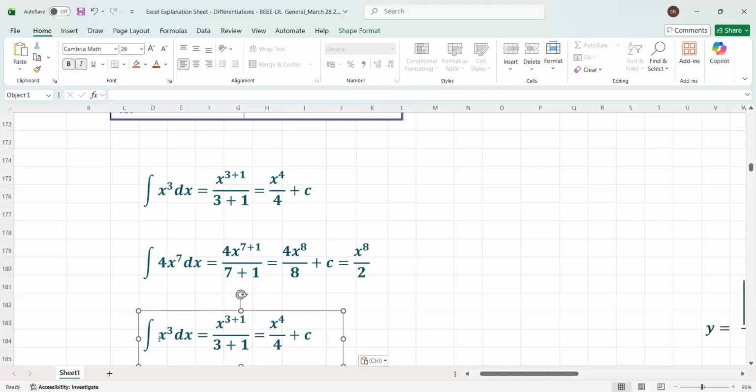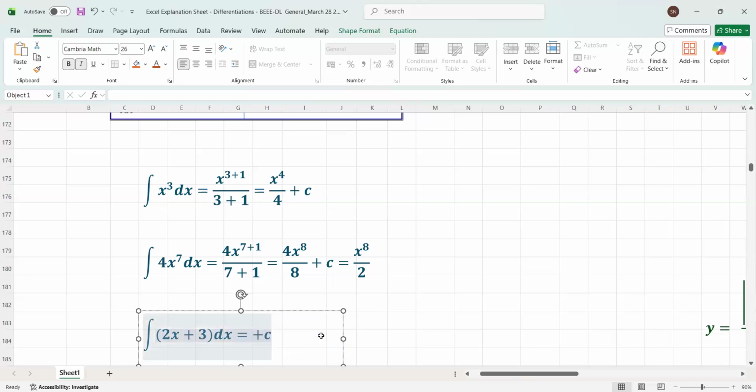Okay, so in here, I'm going to have the integral of 2x plus 3, close brackets, we are integrating this.